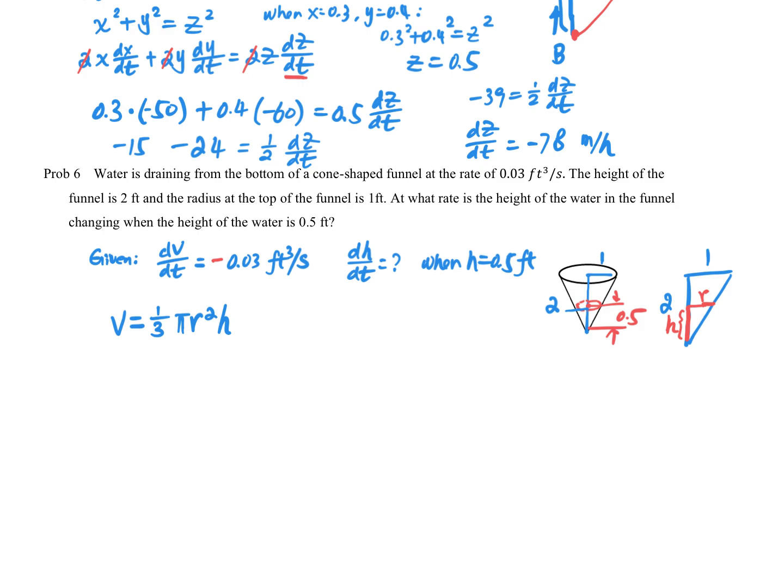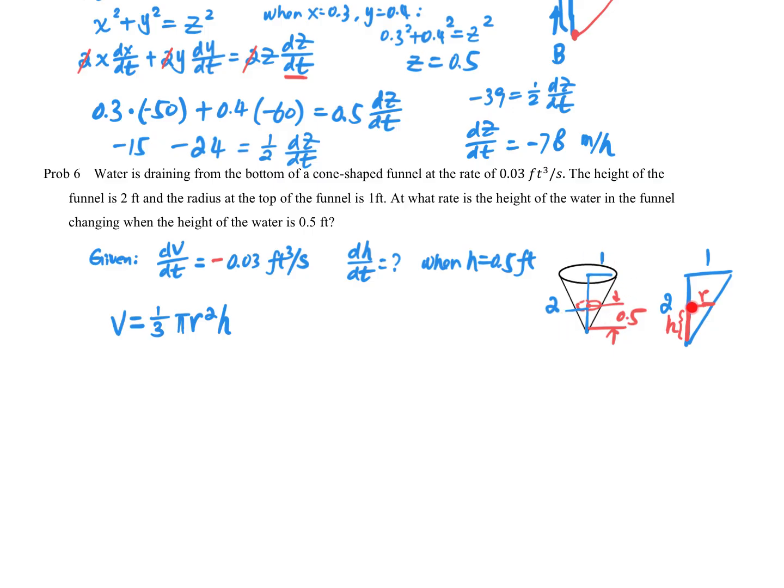And now you do see that we have three variables, right? And we are in single variable calculus, so we are not able to handle multiple variables like that. Therefore, we have to reduce the number of variables in this equation. And we do have a relationship here: the ratio of the radius and the height in this cone.